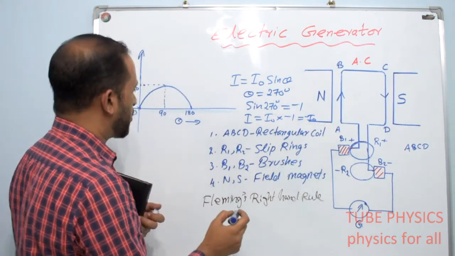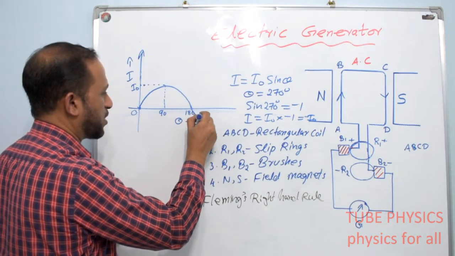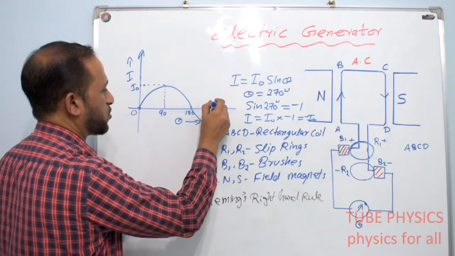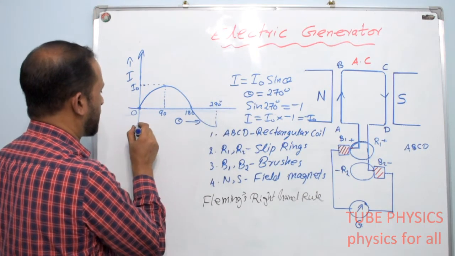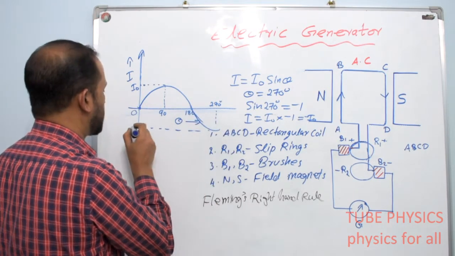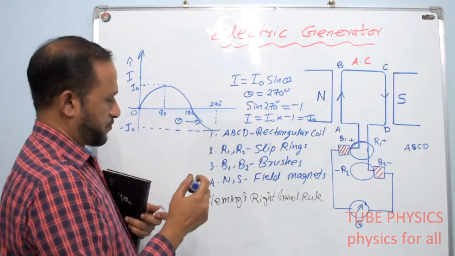Current minus I naught means it is in the negative direction, so the current comes to negative maximum at this position where theta is equal to 270 degrees. The current becomes maximum in the negative direction, that is minus I naught. The current goes to the reverse direction.